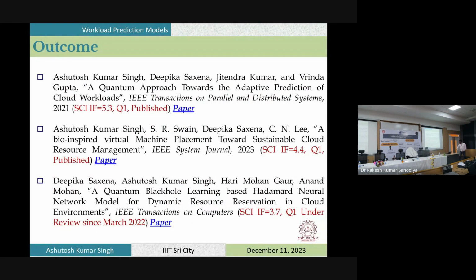And this work is basically, the first paper was in 2021, Transactions on Parallel and Distributed Computing. And we were very much worried because a lot of quantum machine learning algorithms are available in the market. So you put in data, and it will run and give you the result. But the point was, what was your contribution?